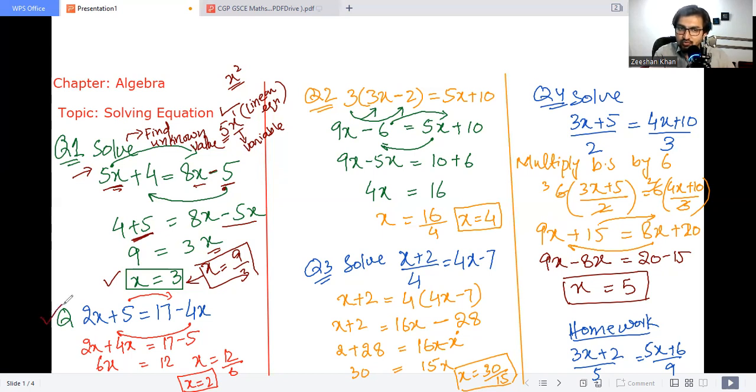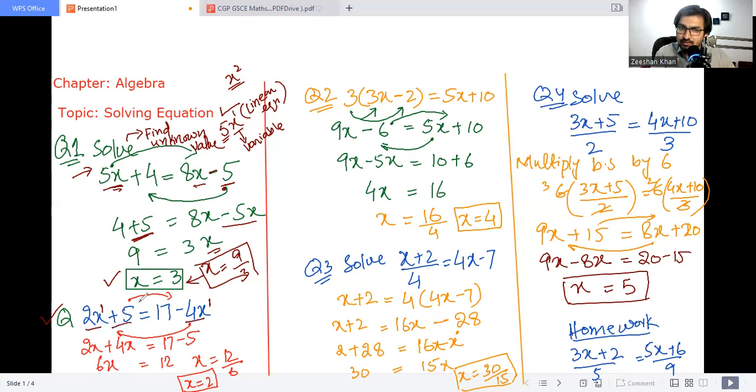Now, question number 2 is again a linear equation because the power of x is 1, you can see. So again, we will do the same method. We will shift the numbers to one side and the variables, the terms having x, to the other side. So this is 4x, and I will shift this to the left side.